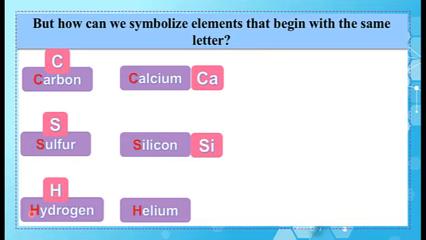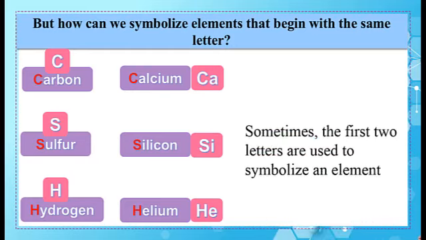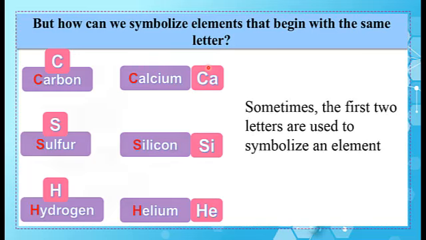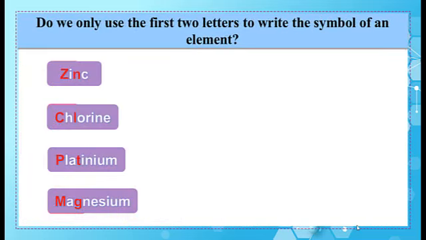Hydrogen is symbolized by the letter H, and helium is symbolized by the letters He. So in the second column, not only one letter is used to symbolize the element. Sometimes the first two letters are used to symbolize an element. Do we only use the first two letters to write the symbol of an element?